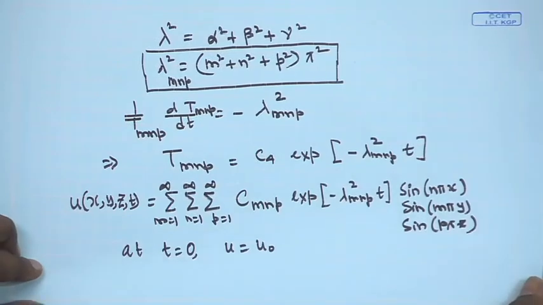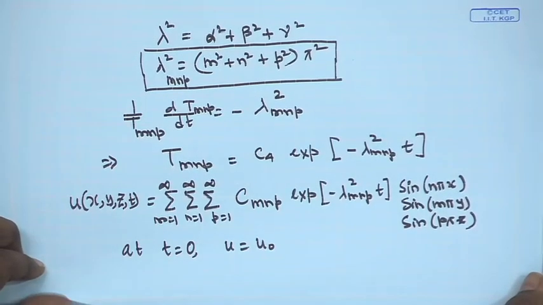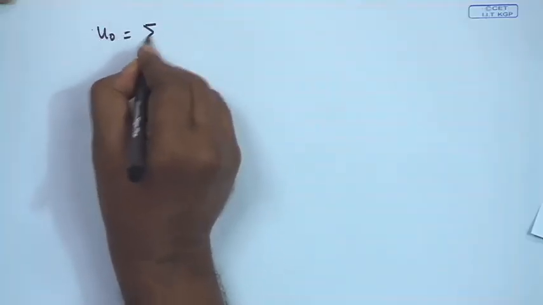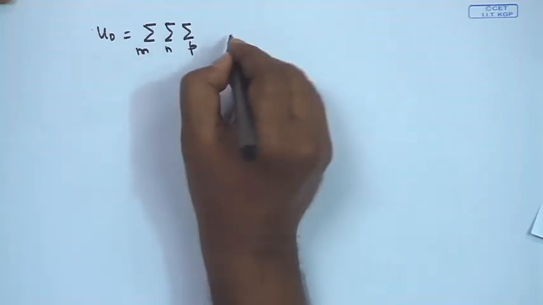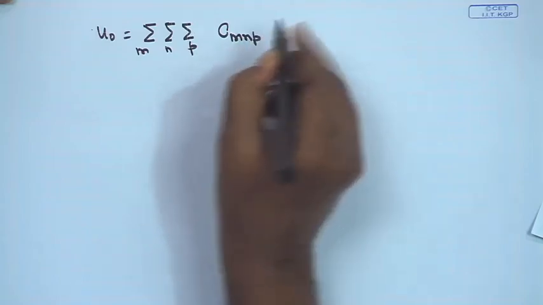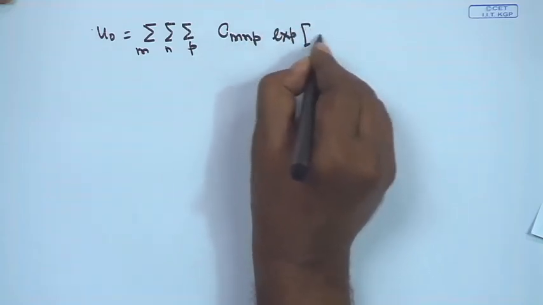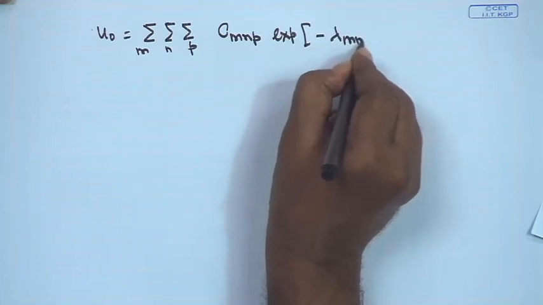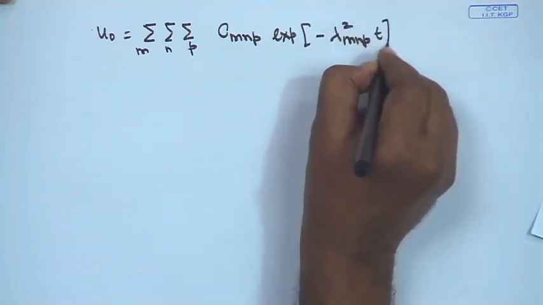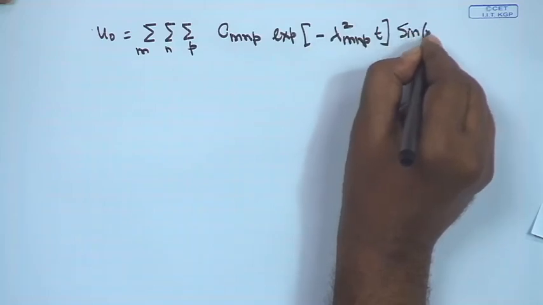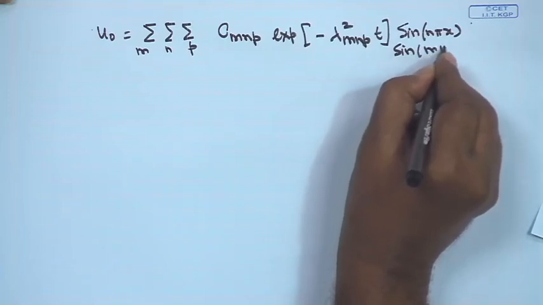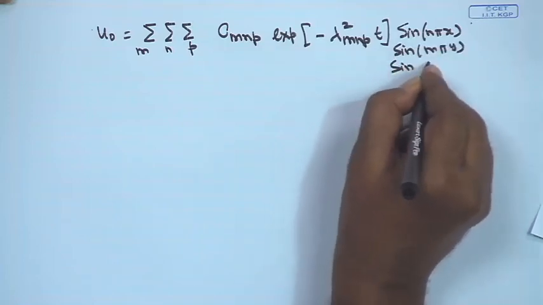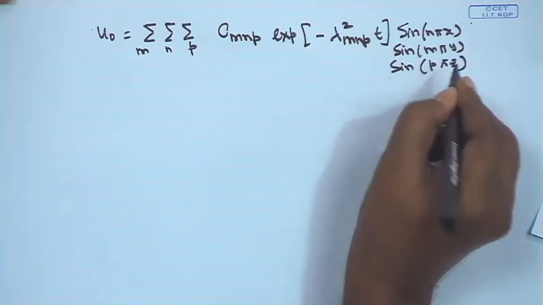Let us see how we will obtain the constant C_mnp. u naught is equal to the triple summation over m, n, p of C_mnp exponential of minus lambda_mnp square times t, sin n pi x, sin m pi y, sin p pi z.